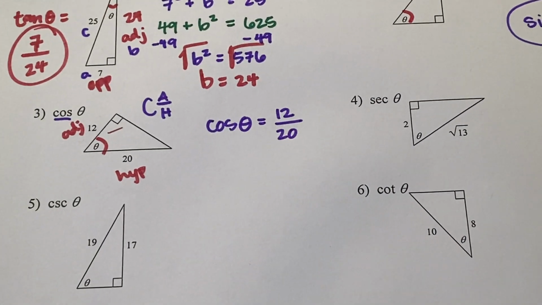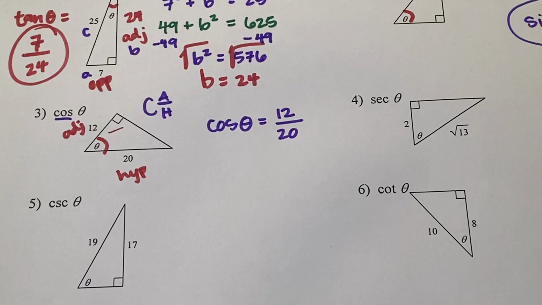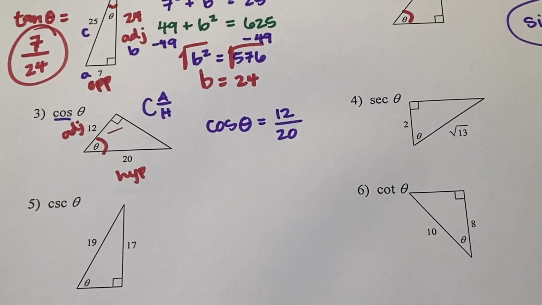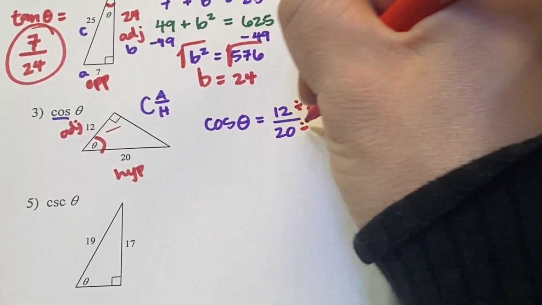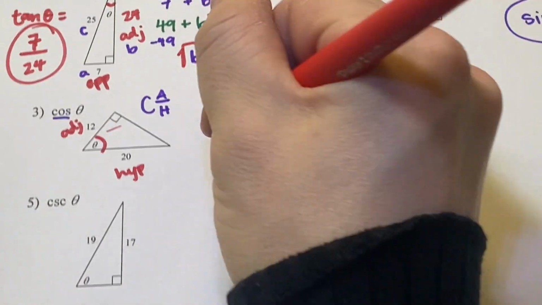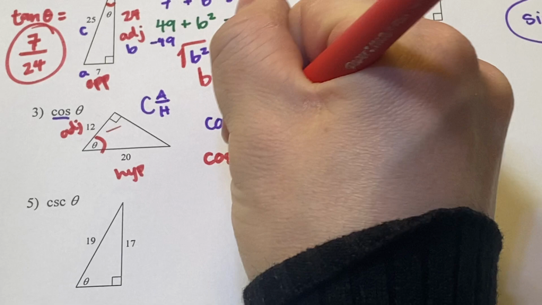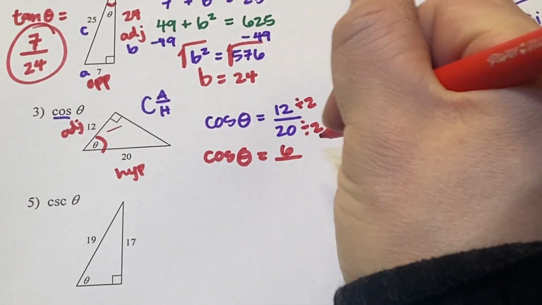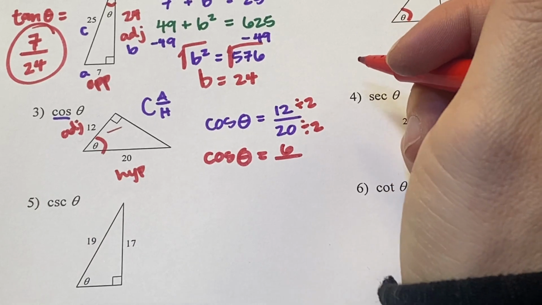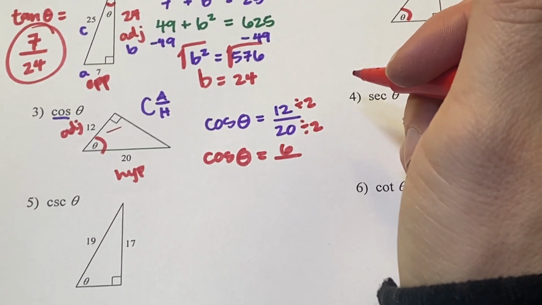Okay, would it mark you right or wrong on this one? Wrong. Why? Gotta reduce it. What do you want to divide it by? 2. 6. I don't think 6 will go into 20. Oh wait a second, oh, 6 yes, 6 and 10.